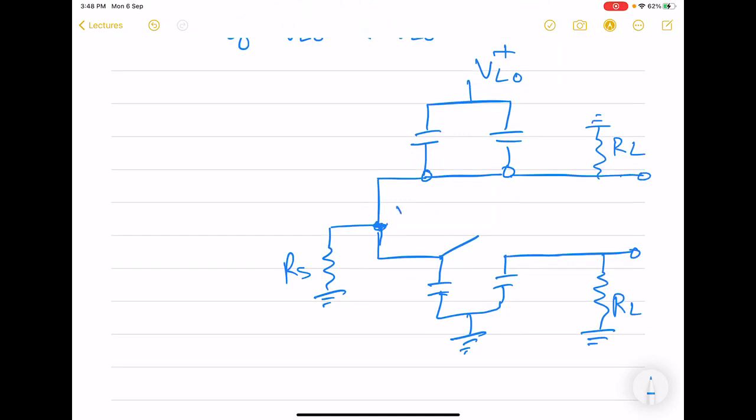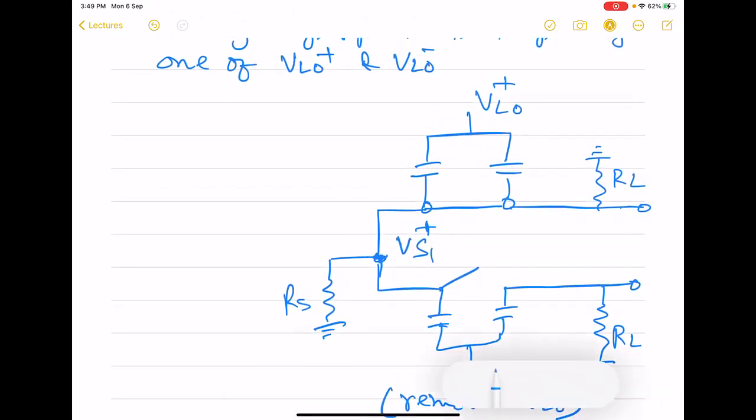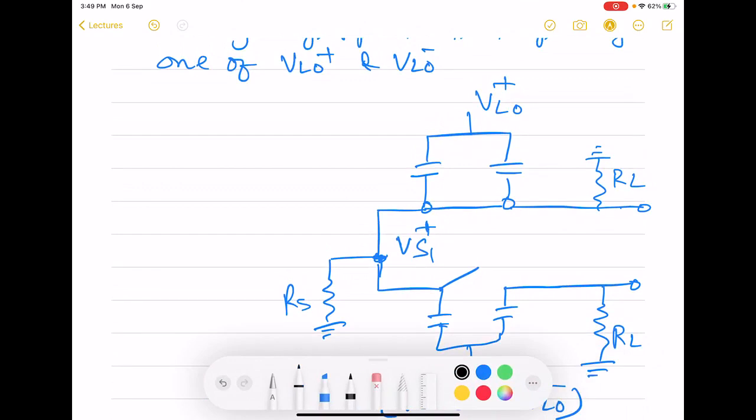So we want to know what is this Vs. So we have removed VLO minus just to find out what is this Vs plus. And this is also during the first half, so we will be calling it as Vs1 plus.